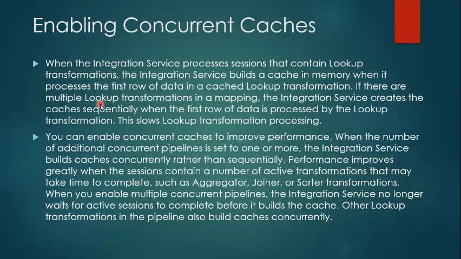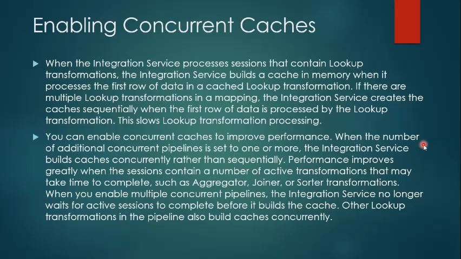If there are multiple lookup transformations in a mapping, the Integration Service creates the cache sequentially. When the first row of data is processed by the lookup transformation, this slows lookup transformation processing. So if we use multiple lookup transformations, they are processed in sequence, one by one, which is kind of slow.